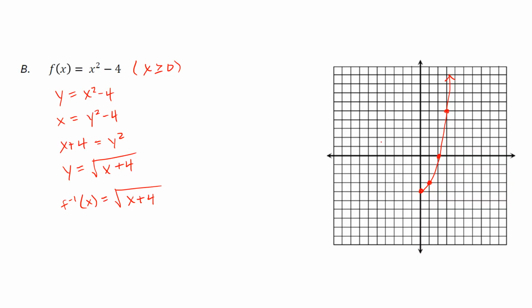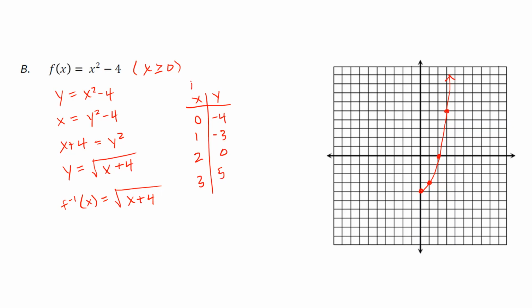Then we have the inverse function. Okay, so for f of x I had the points 0, -4, 1, -3, 2, 0, and 3, 5.